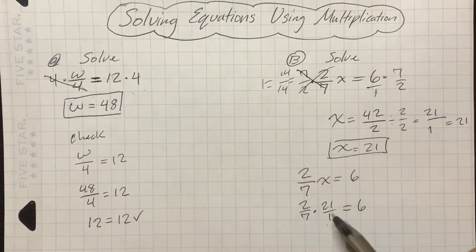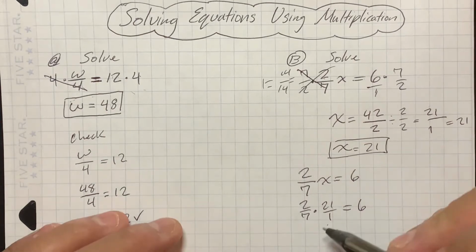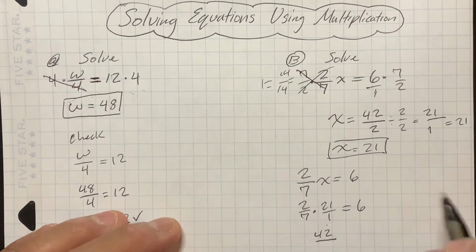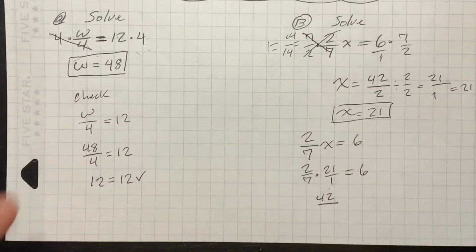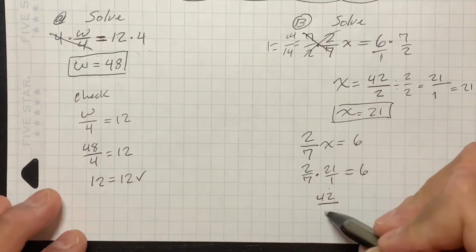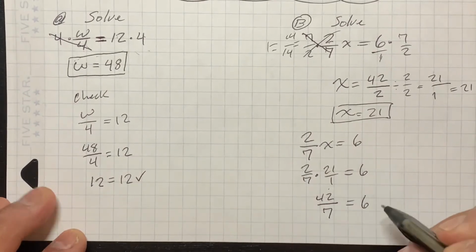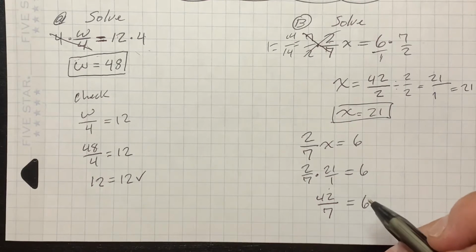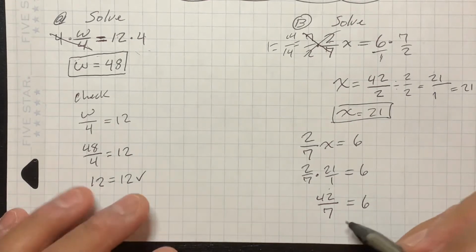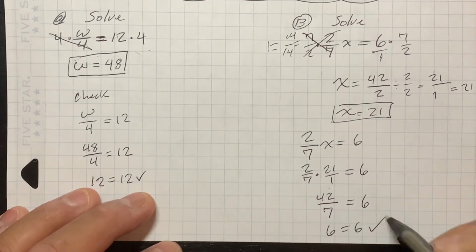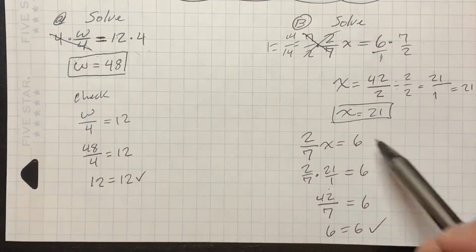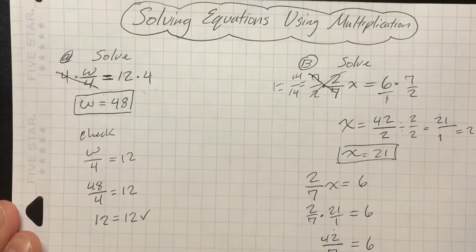And 21 times 2 is going to be 42. And 7 times 1 is going to be 7. Now 42 divided by 7, that's going to be 6. And 6 is equivalent to 6, so that checks. So that is true that x equals 21. All right, there you go.